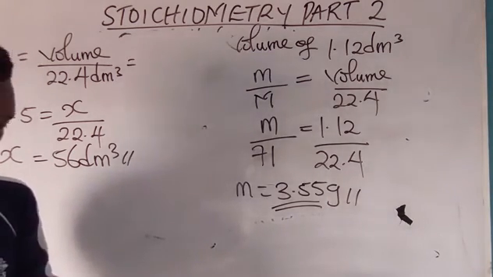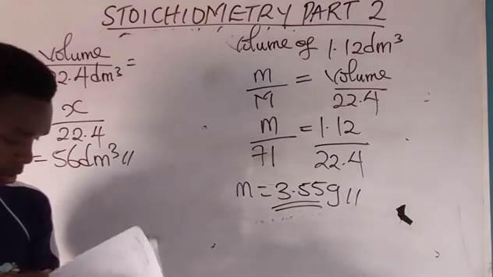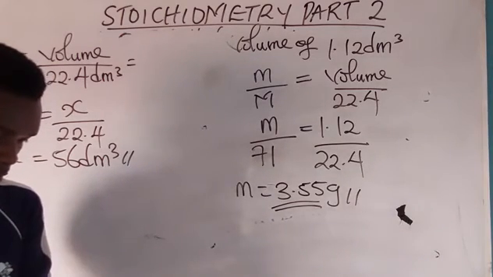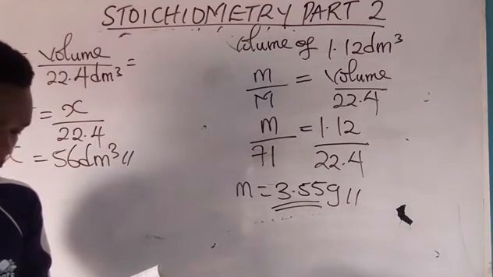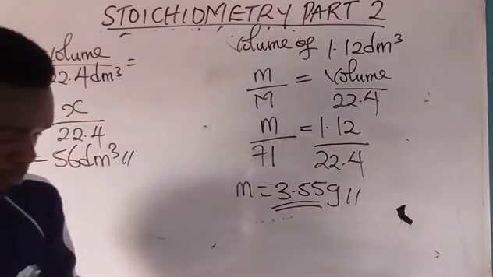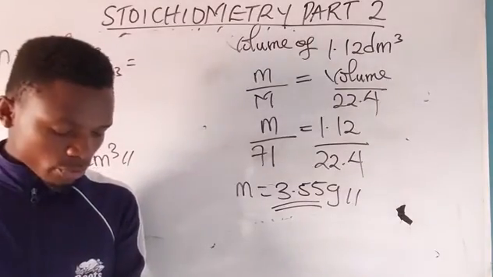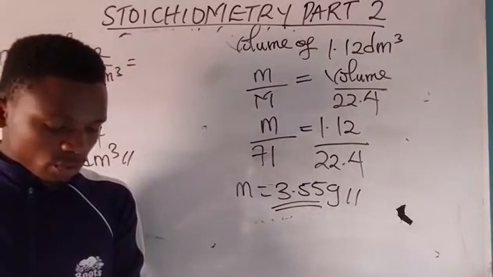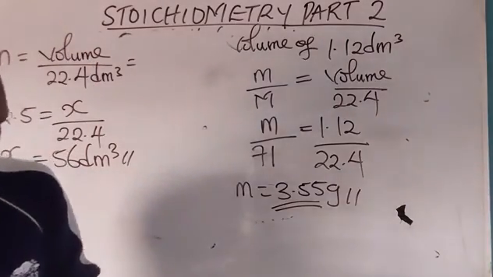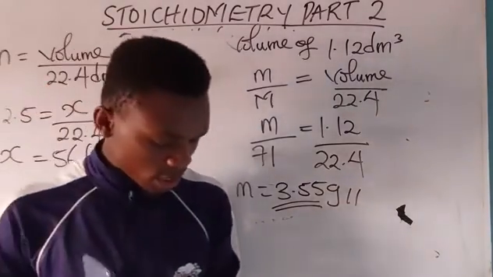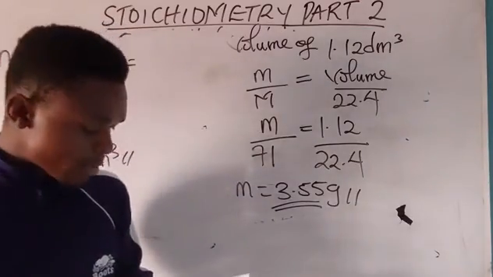I think I've almost solved all the questions here. A balanced chemical equation obeys the law of what? A, conservation of mass.